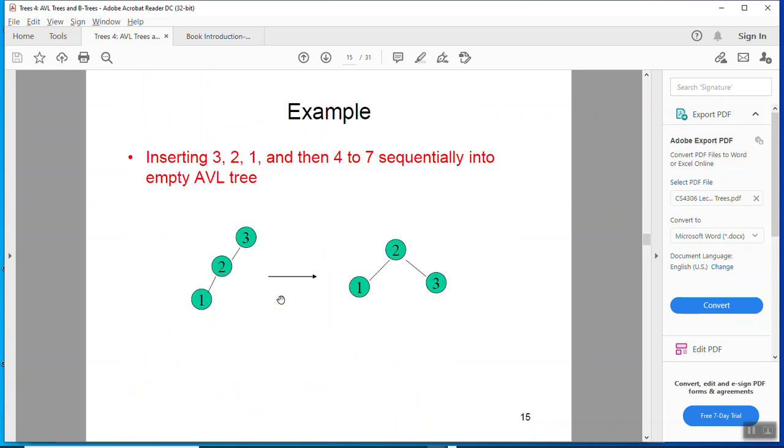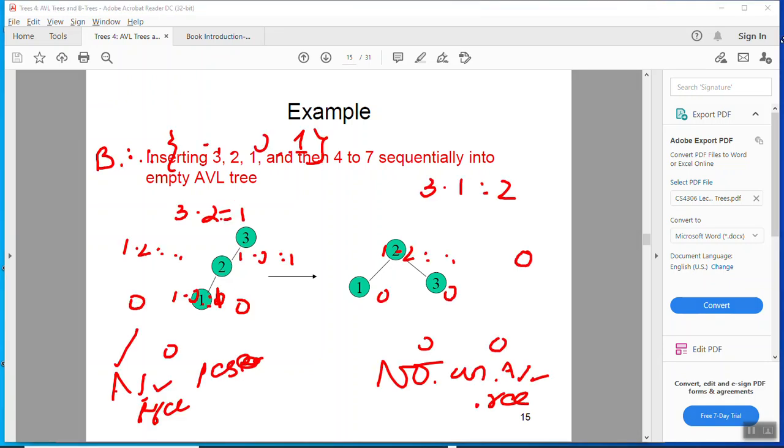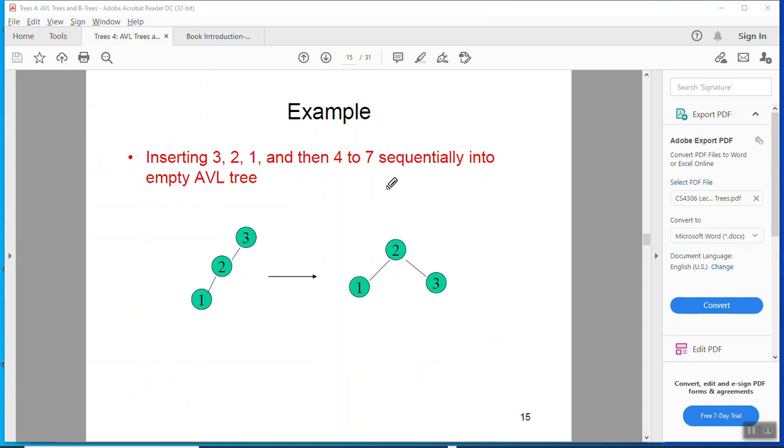For instance, if we are given a simple data set with three values, 3, 2 and 1, and we want to build an AVL tree, how do we build it? 3 comes first, so 3 will be the root element.